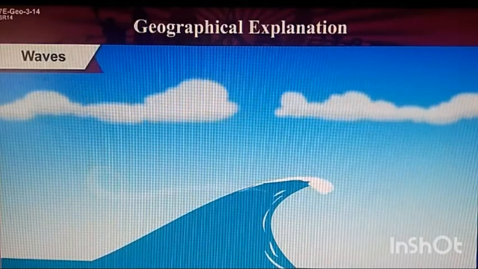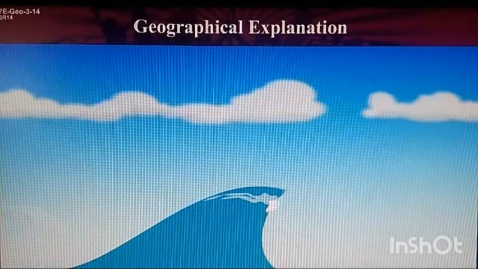The sea water gets pushed by the wind and ripples are generated on the water surface. Surface means the top of the water. These are called waves. The sea water moves up and down or slightly forward and backward due to the waves. The waves bring the energy contained in them to the coast.